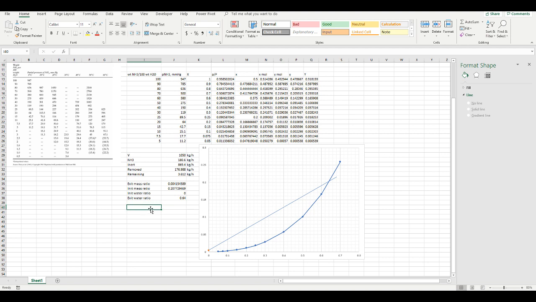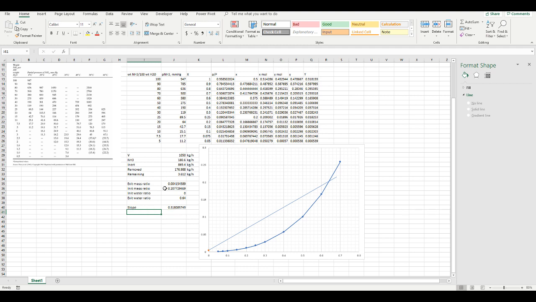So the slope is simply the difference between this point and this point. So it would be equal to this minus this, the two y values, divided by this minus this. And it gives you a slope of 0.318.